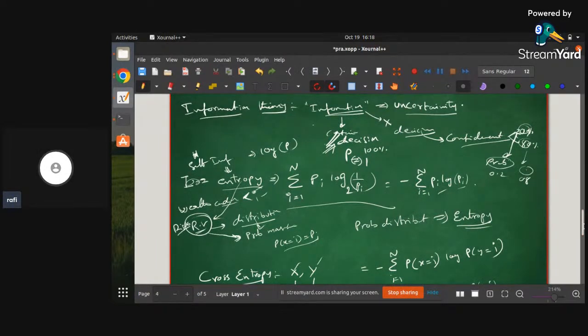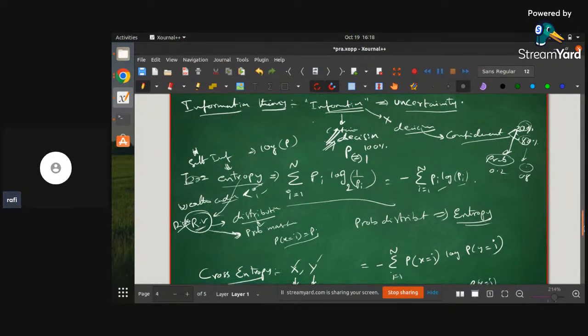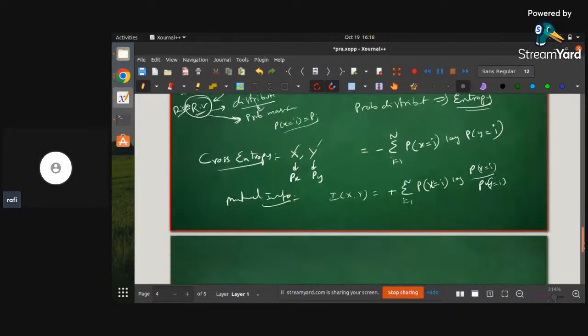We said the information is associated with some probabilistic measure, which we call entropy, which measures the amount of information, and we also discussed the cross entropy.